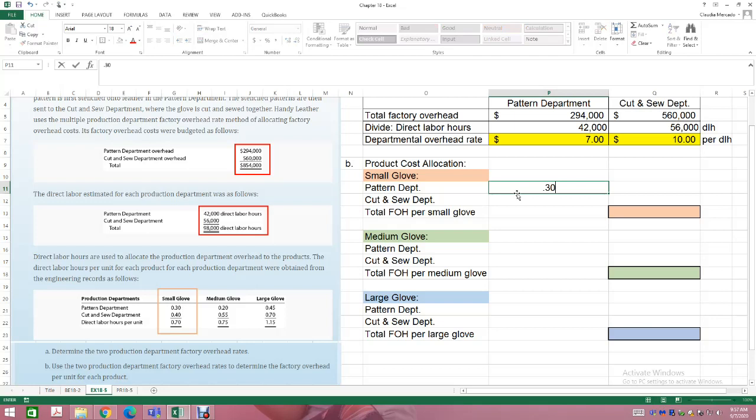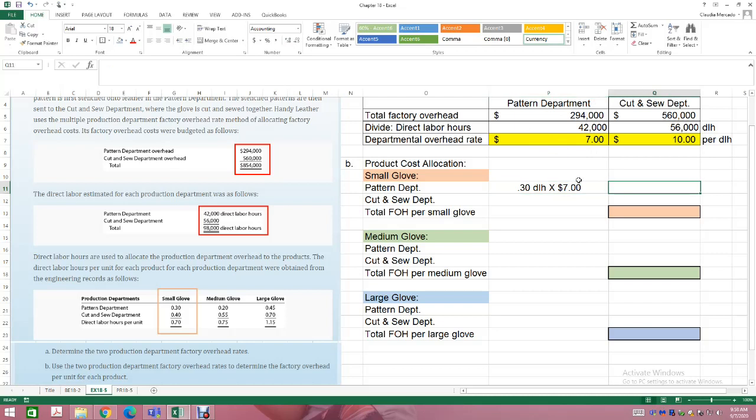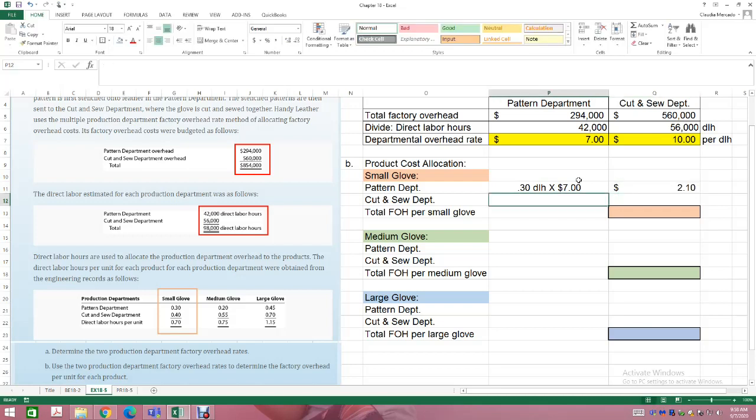We multiply that by my overhead rate for the pattern department, which is $7. So it takes 0.30 direct labor hours times $7 an hour, which means I'm going to allocate $2.10 of overhead for the pattern department.